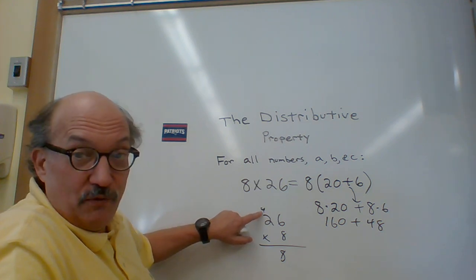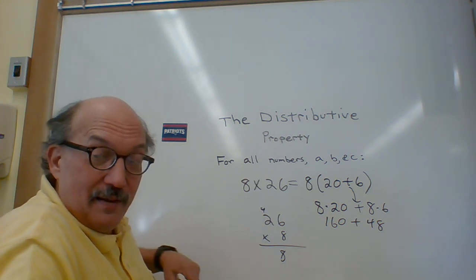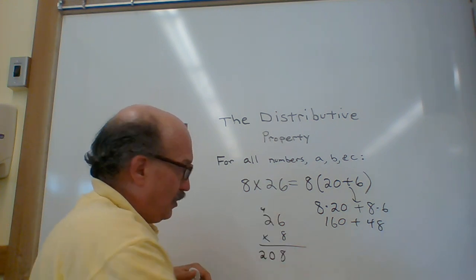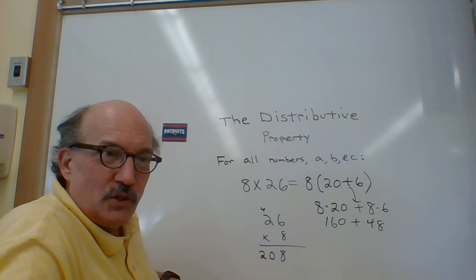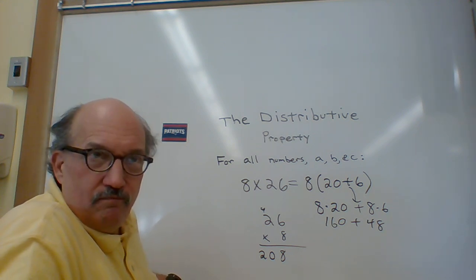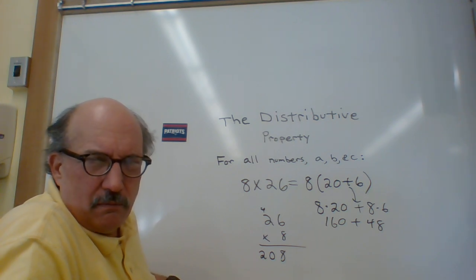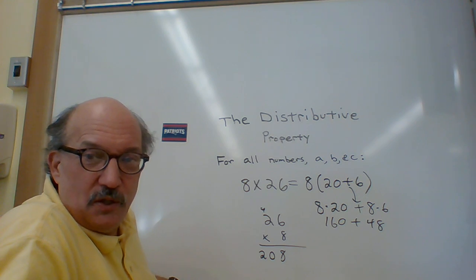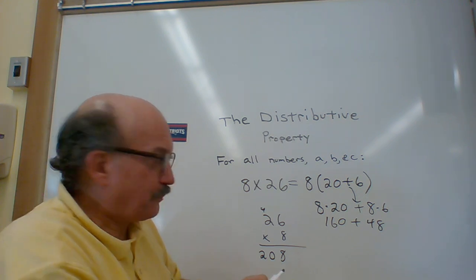But then we're going to add the 4 that we carried to get that 200, right? 208, 16 plus 4. Okay? So the distributive property, anytime you go beyond 9 times 9 or 9 times 10, you're really using the distributive property whether you know it or not.